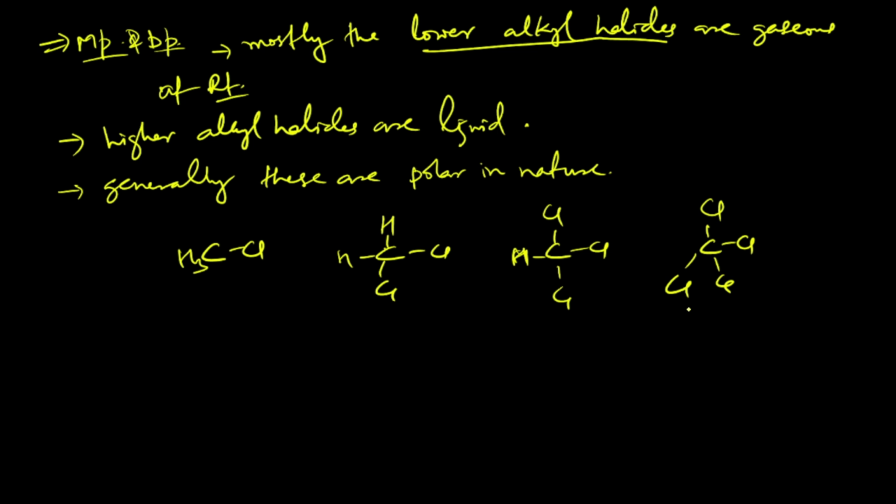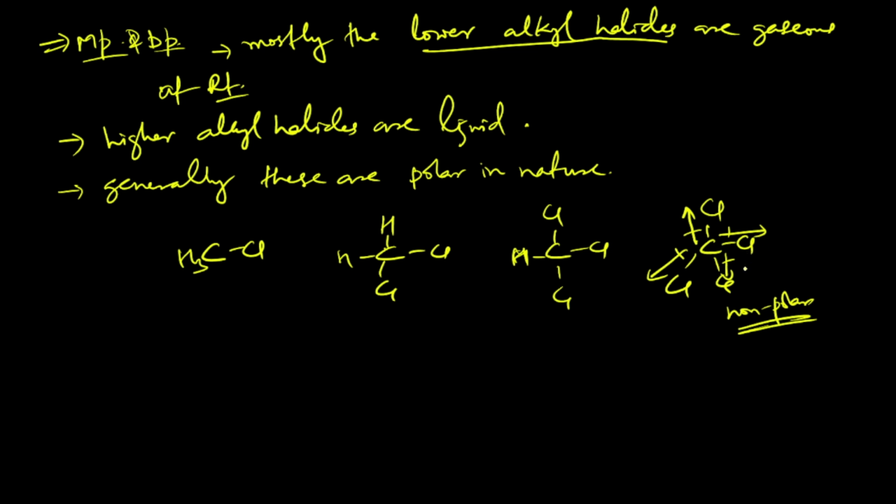Got it? So this will be non-polar, because the polarity direction will be from carbon to chlorine. Here also like this, and this side also it will be like this. So it is cancelling out.